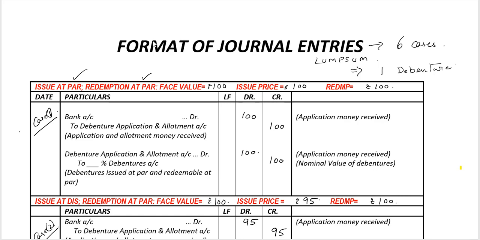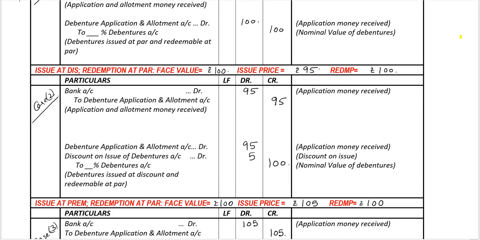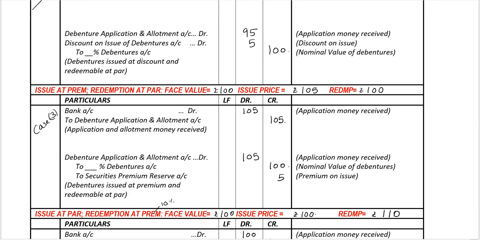So this is the first case, issue at par and redemption at par. This is the second case, issue at discount, redemption at par. This is the third case, issue at premium and redemption at par.